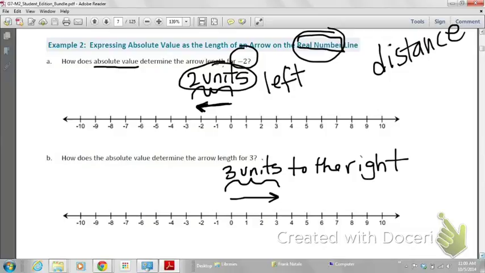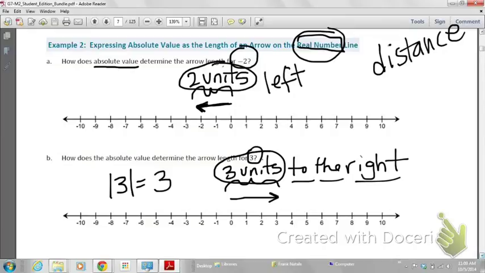For B here, very similar to the one up top, but in this case, the absolute value is 3 units because the number is 3, and the only thing that changes is it is to the right, because it is positive in nature. The way I would write these, I would write absolute value of 3, and that equals 3.